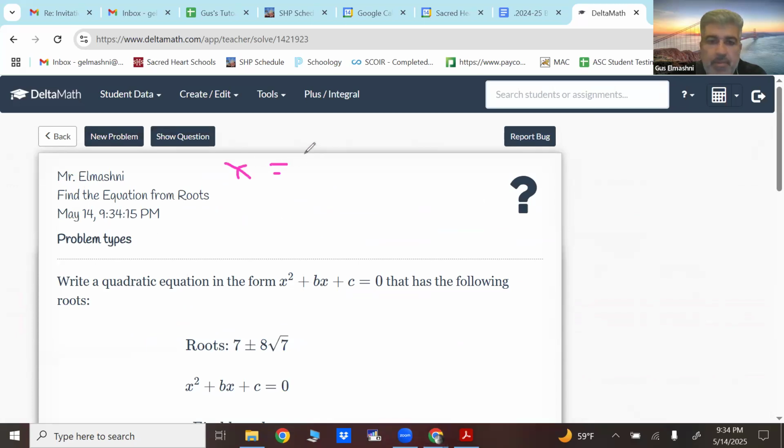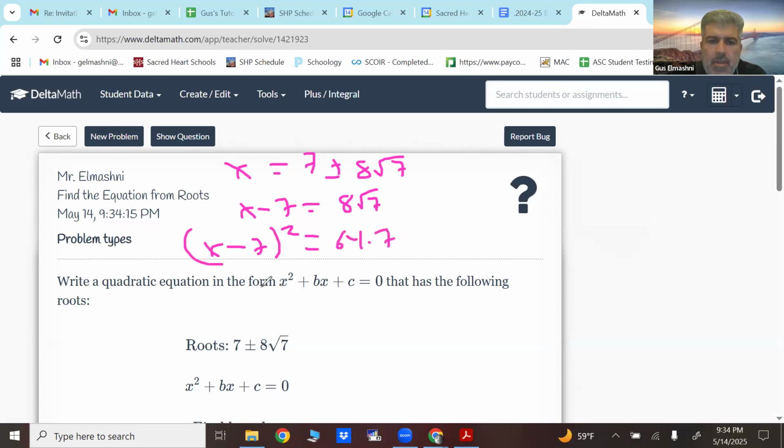x equals 7 plus or minus 8√7. x minus 7 equals that. Square both sides. That's x squared minus 14x plus 49.